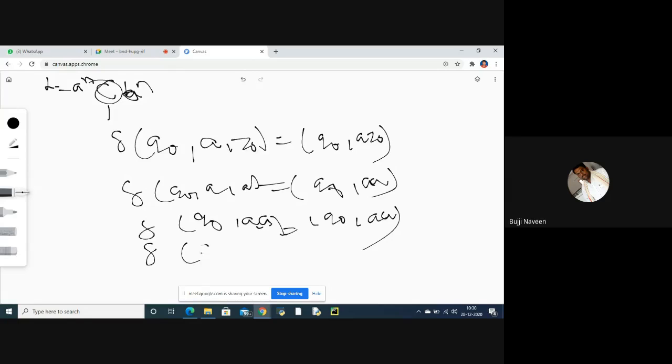So next, delta of q0, comma c, comma a is equal to q0, comma a.